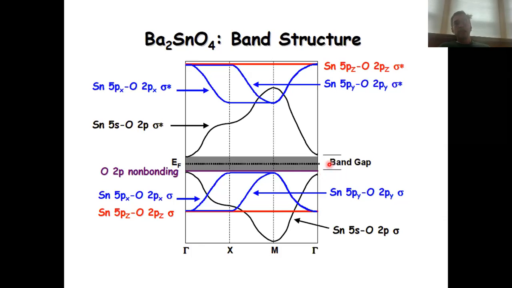Okay, so that means that our Fermi level is actually here. So all these bands here are being full. This one representing the 5s to p interactions. This one here, which represents the px-px interaction, having primarily oxygen character.